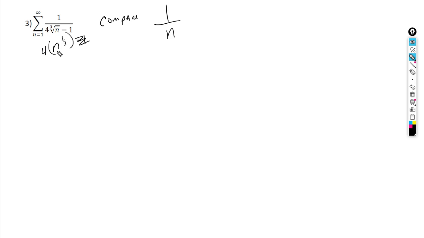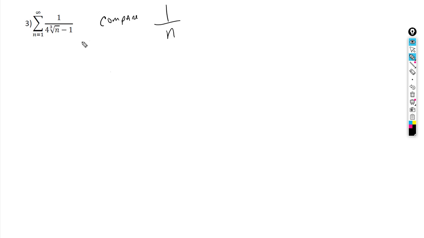When I'm approaching infinity, this is going to be infinity to the 1/3, which is actually still going to be infinity. So 4 times infinity is still infinity. Minus 1, that's still technically infinity, if you think about it. And so those are all negligible terms. And because the variable n is really the only thing that matters, that actually grows, or in this case it's going to get smaller because it's 1 over that.